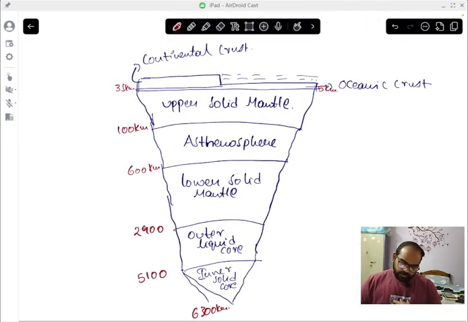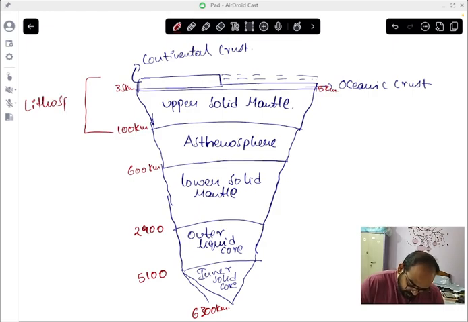And we also learned that crust plus upper solid mantle is called the lithosphere. From the asthenosphere to the lower solid mantle, it is called the mesosphere.